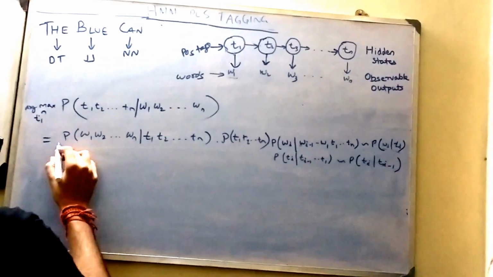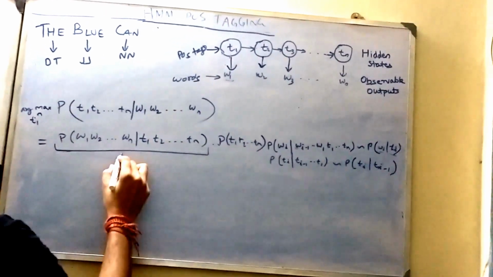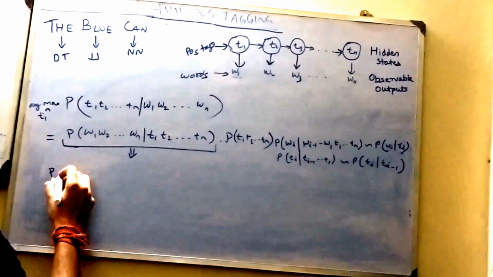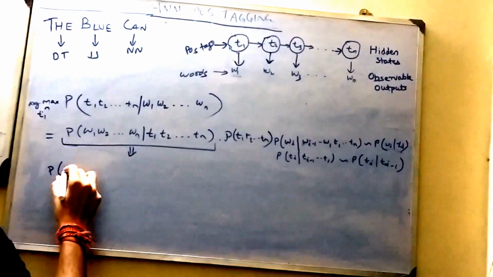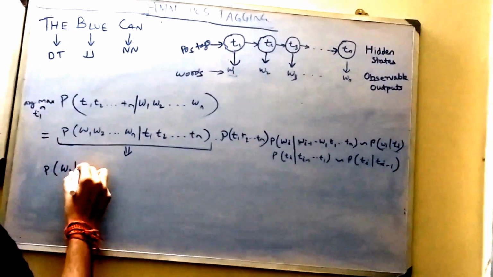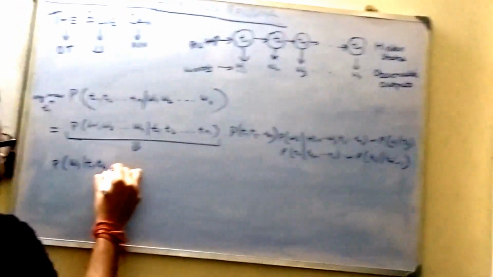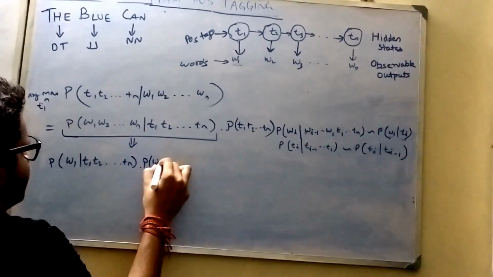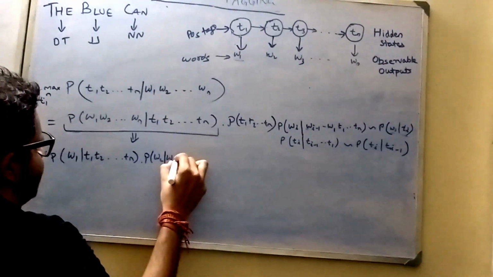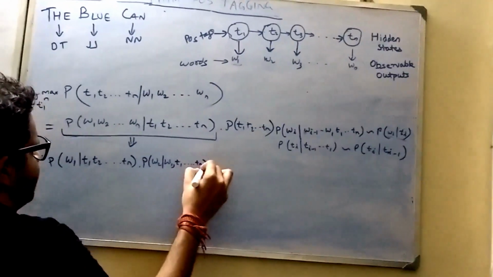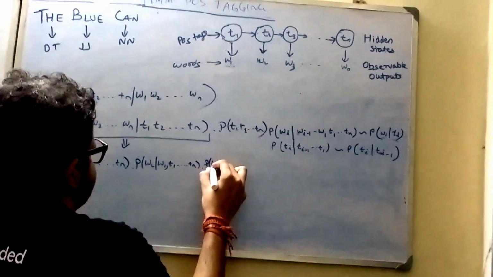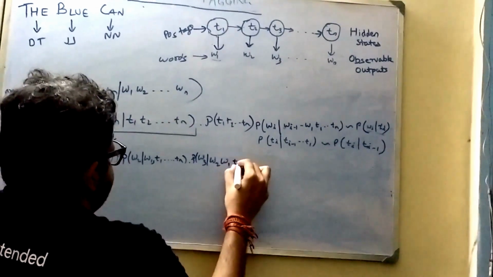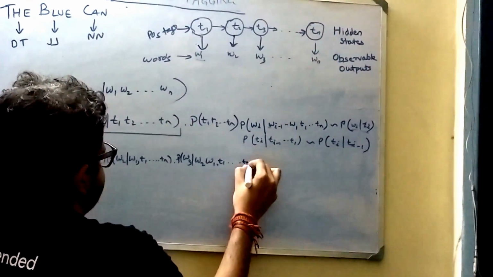Now coming to the first part and expanding it a bit further. This can be written by product rule of probability as probability of w1 given t1, t2 till tn times probability of w2 given w1, t1 till tn times probability of w3 given w2, w1, t1 till tn.